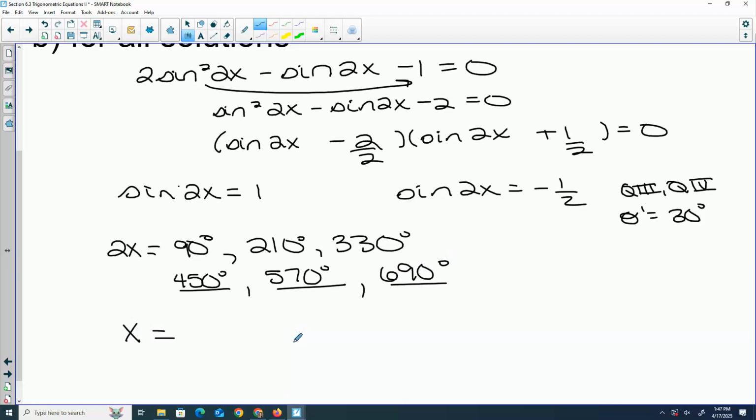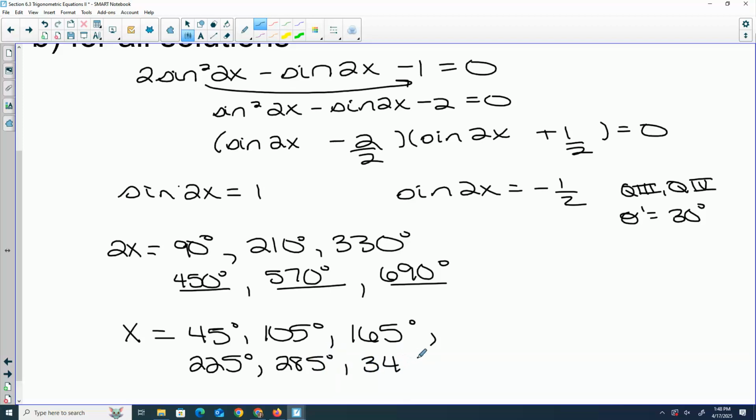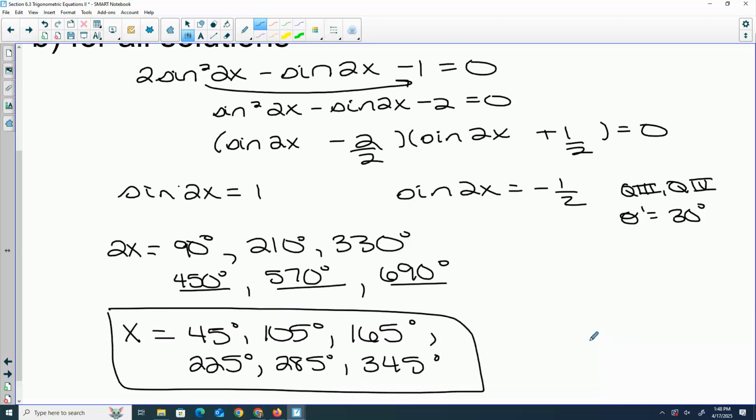And then we divide every one of them by 2. Is that one okay? So that's part A.